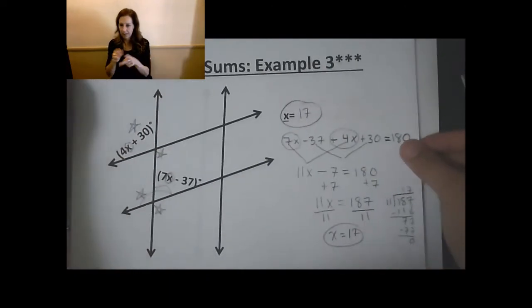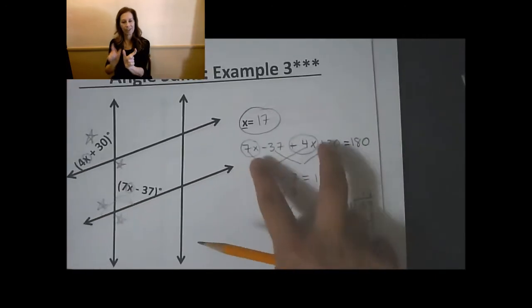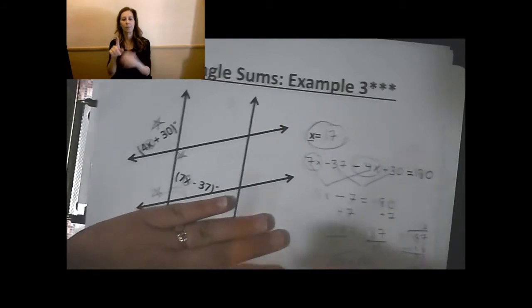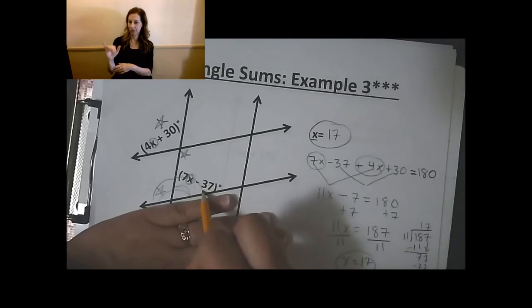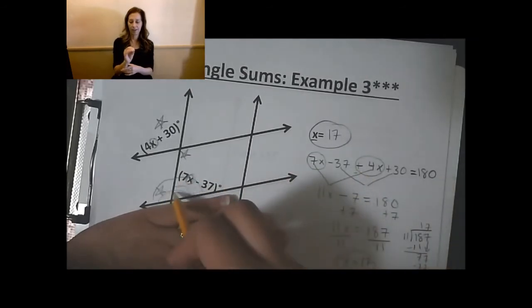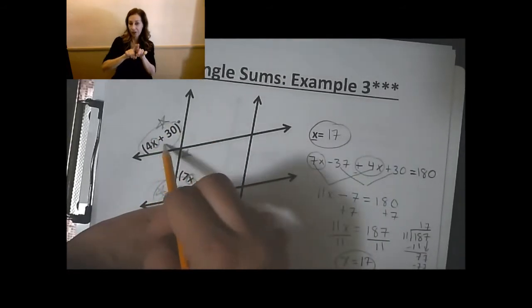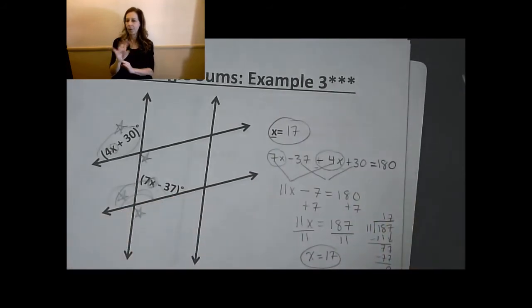And we just saw an example of when they're not in the same position, they're not congruent, they're adjacent, right next to each other, so you would have to add them up and set them equal to 180 because they're supplementary angles. This angle plus that angle equals 180. So 7x minus 37 plus the star, which we are representing as 4x plus 30, equals 180.